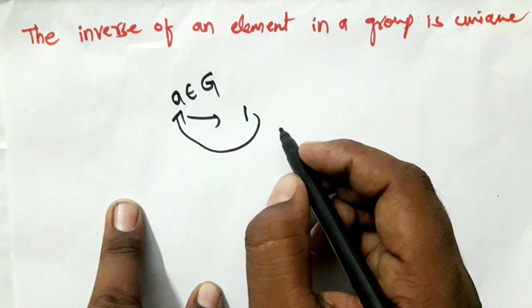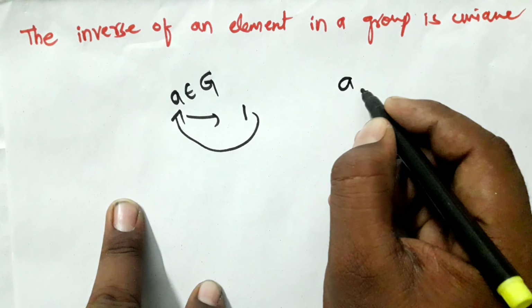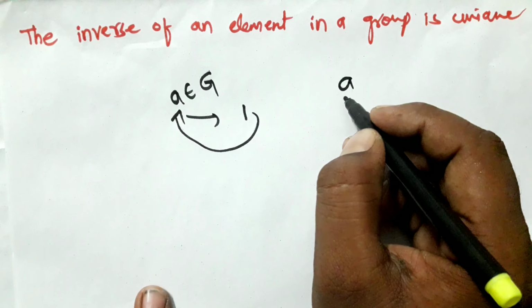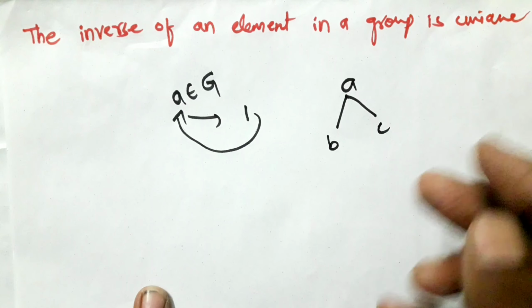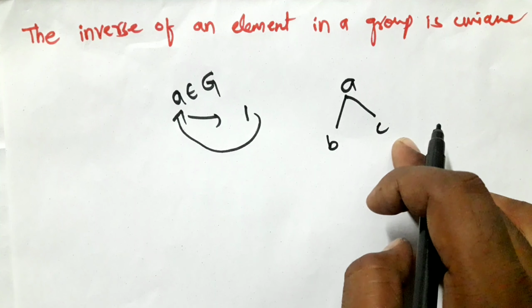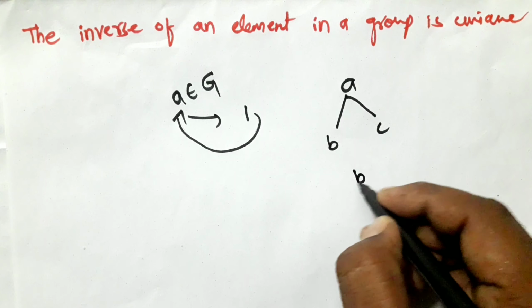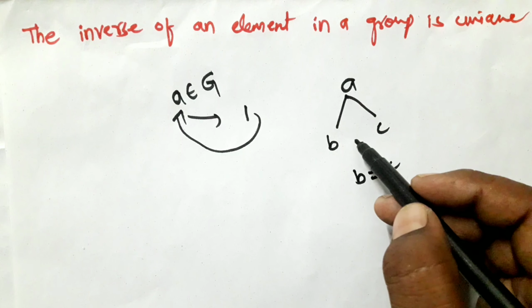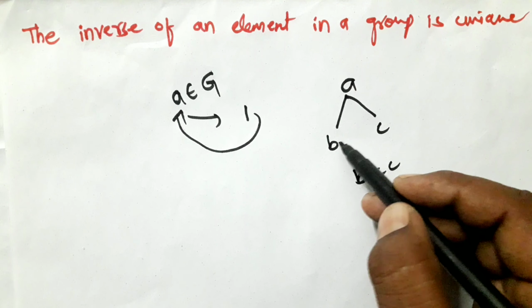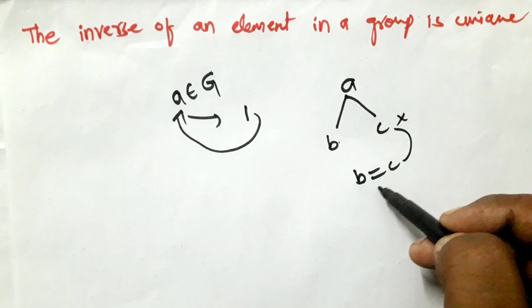Now, we prove this theorem in a contrary way. That means if a is an element in G, we take b and c as two inverse elements of a. But at last, we prove that b equals c. That means we take b and c as two different elements, but at last we get that both are equal.